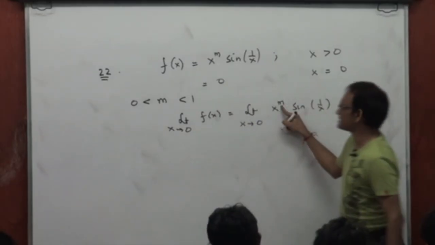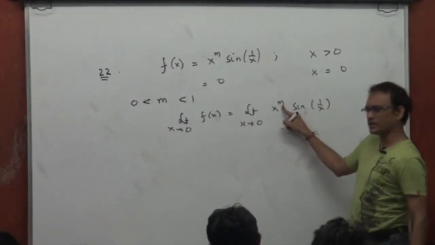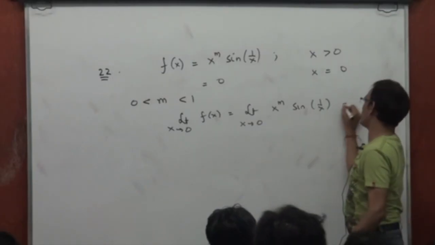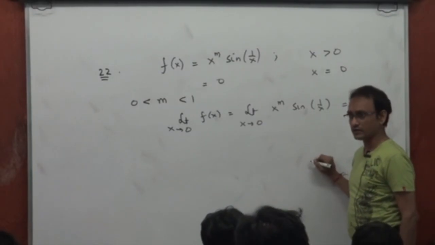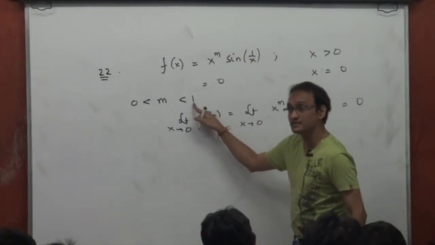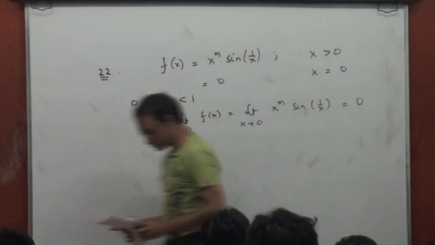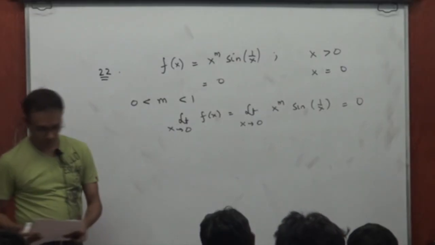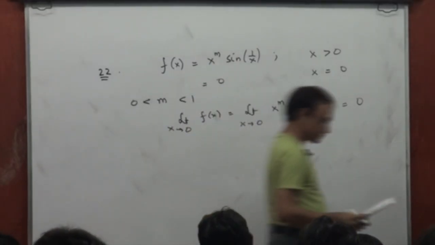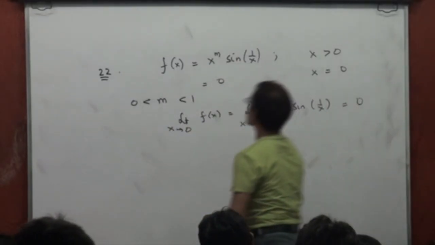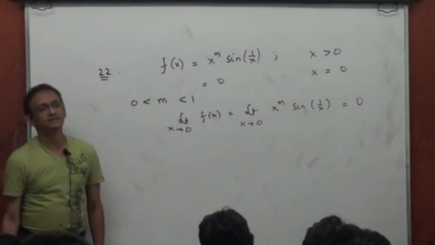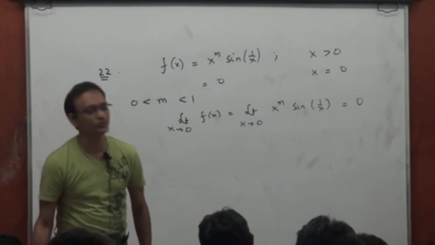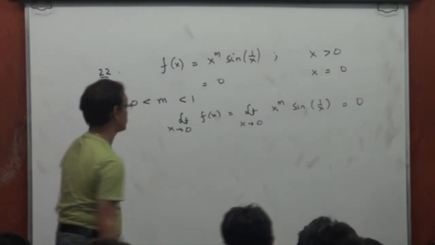If m is greater than 0, for sure this will tend to 0. And this limit will be 0 and the function would be continuous at x equal to 0. But it will not be differentiable because m is less than 1. And obviously when m is less than 0, it's not going to be continuous and therefore not going to be differentiable at x equal to 0.